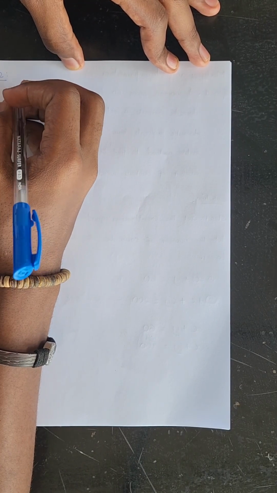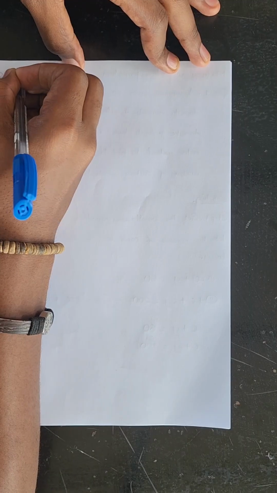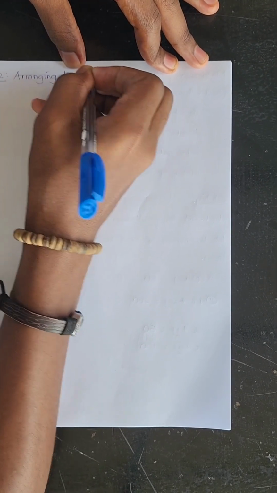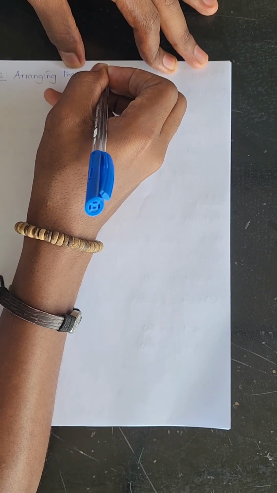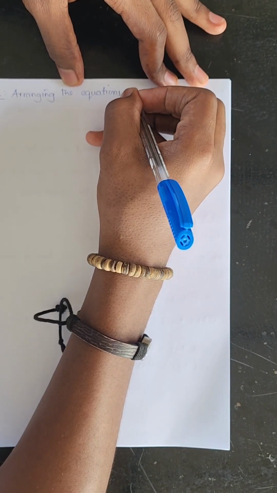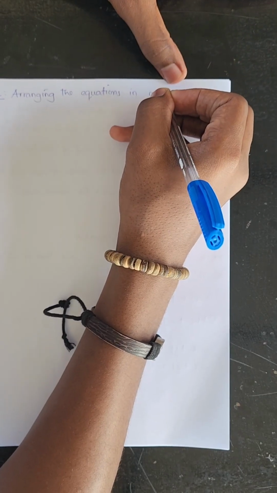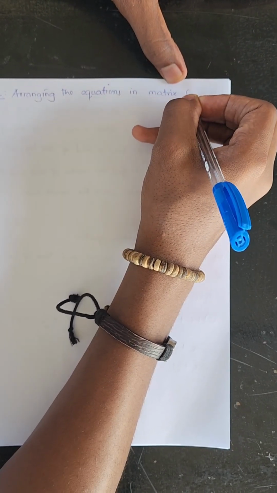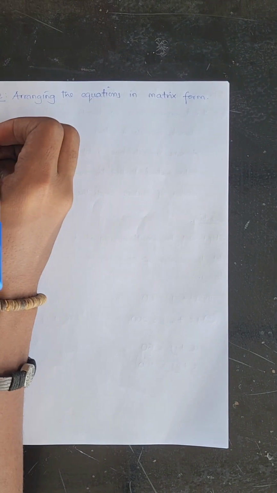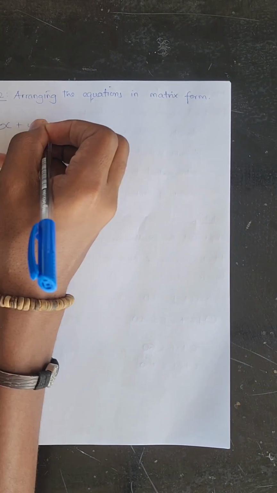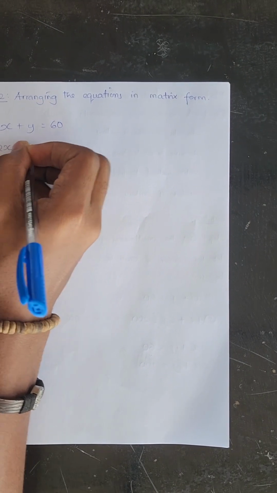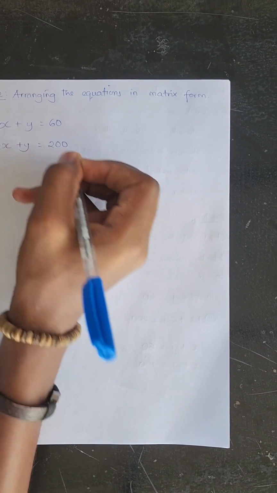Step 2, we are now arranging the equations in matrix form. Okay, so our equations say x plus y equals 60, then 2x plus y equals 200.